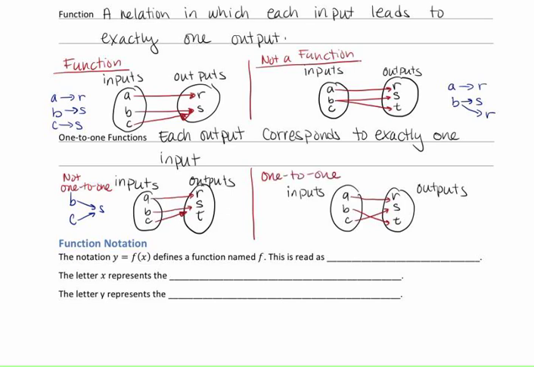Now let's discuss function notation. The notation y equals f of x defines a function named f. You read this as y equals f of x. The letter x represents the independent variable.